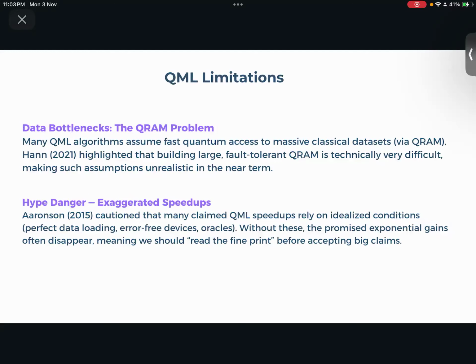Yeah. We also have the data, so the QRAM problem, because as I said, with a fewer number of qubits, you cannot encode that much data. And if we want to do quantum machine learning, we need real or huge amounts of data. And then the exaggerated speed up, because many people just claim that the QML algorithms are faster than the classical algorithms, but there is no real proof on whether this is true or not, because we are comparing two models.